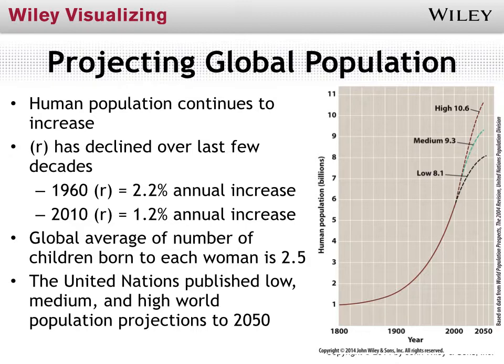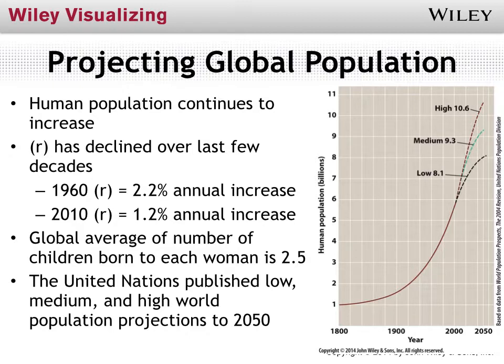So, what about the future of the human population? It's continuing to increase right now. Math people would say it's increasing at an increasing rate right now. So again, we're looking at the human population trying to achieve its biotic potential. The rate of increase has declined a bit in the last few decades.